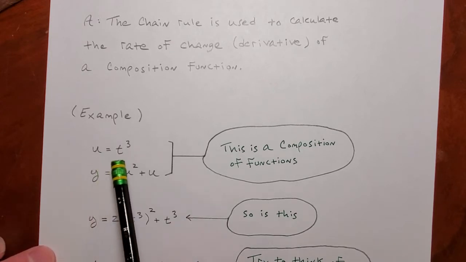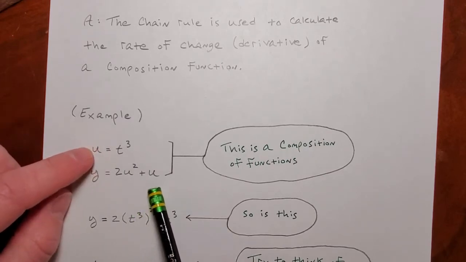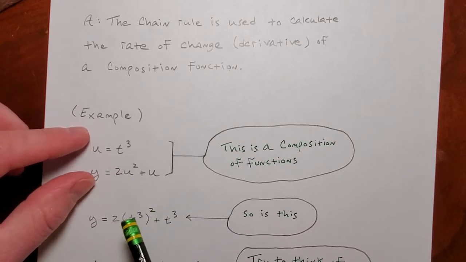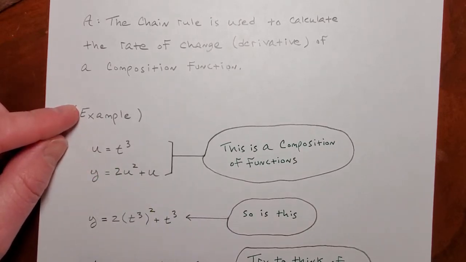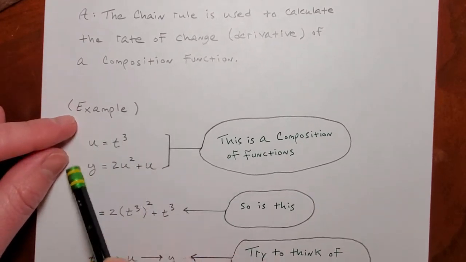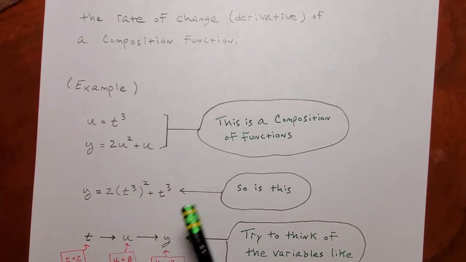It's like the result of one function is fed into the other one, where there's three variables total, and u is the one that's in the middle. So you could say, well, all that really happens here is that I start with t and I end up with y. And that would be accurate. So I could assemble these equations together, and I could put them like this, but same thing, right?